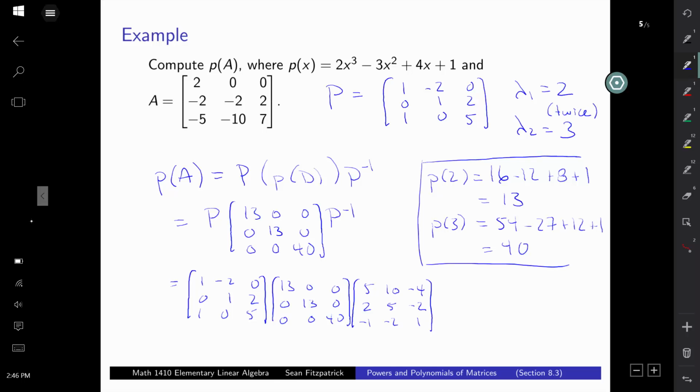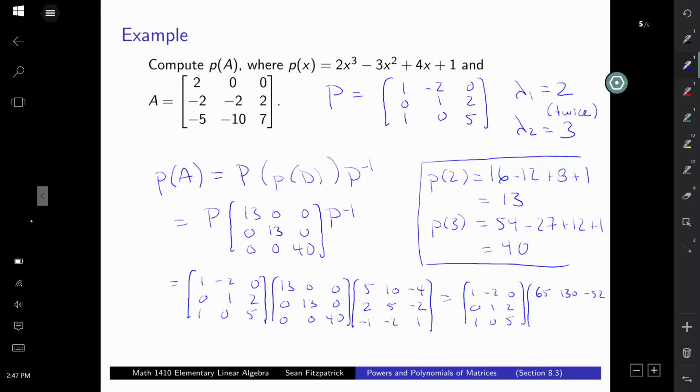So what are we going to get? We're going to get P times the diagonal matrix. The first row gets multiplied by 13, so 65, 130, and minus 52.